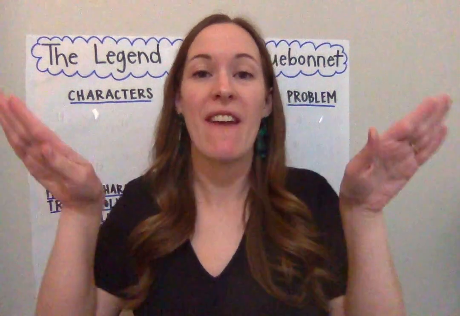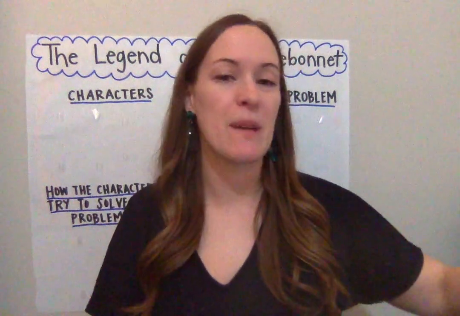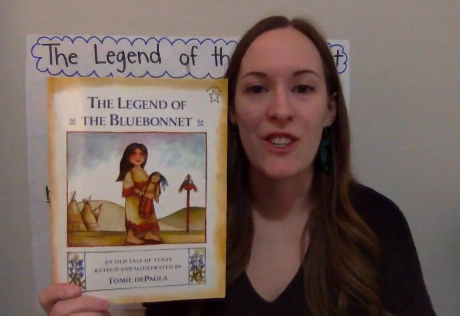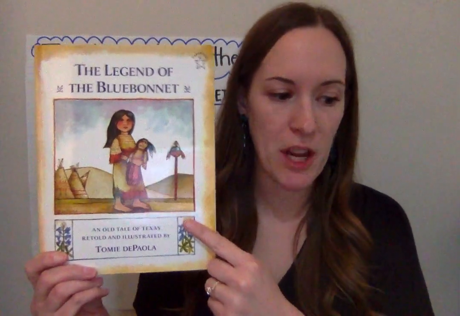Yesterday, we practiced telling the difference between a fiction and an informational book. Say fiction means fake. Informational is real. And yesterday, the book we read was called The Legend of the Bluebonnet. In this book, we learned about a little girl named She Who Is Alone and her tribe, the Comanche people.